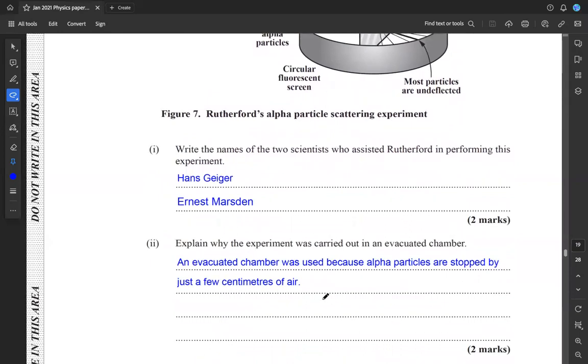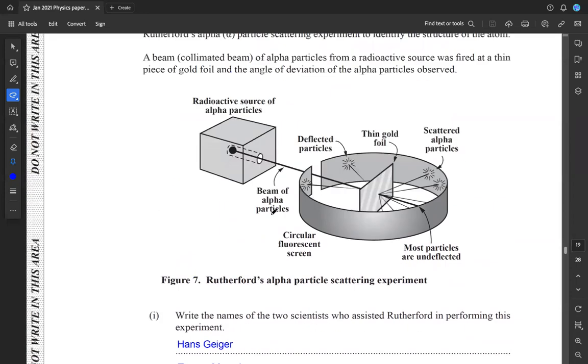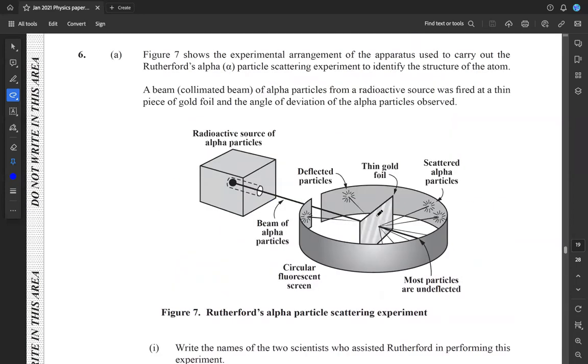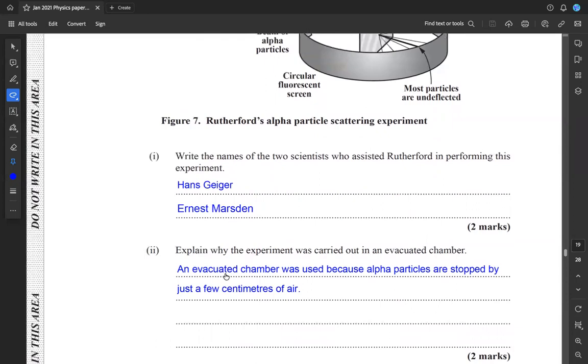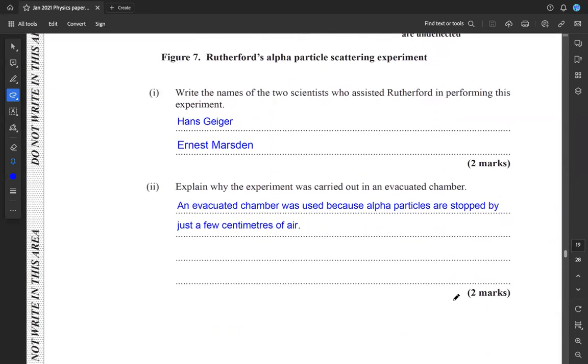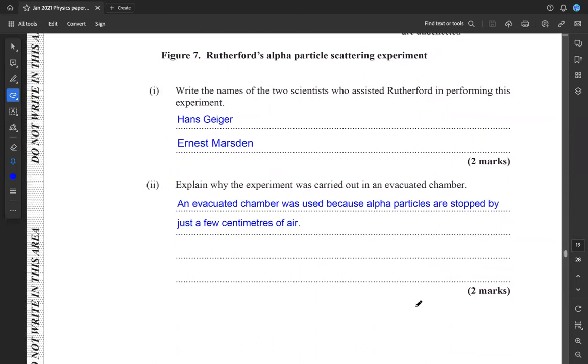So you want it to be completely evacuated, so there are no air particles there to interfere with the movement of the alpha particles that you're firing at the thin gold foil, okay? So we use an evacuated chamber because a property of alpha particles is that they're stopped by a few centimeters of air. So that's the purpose of that. For 2 marks, we are good.